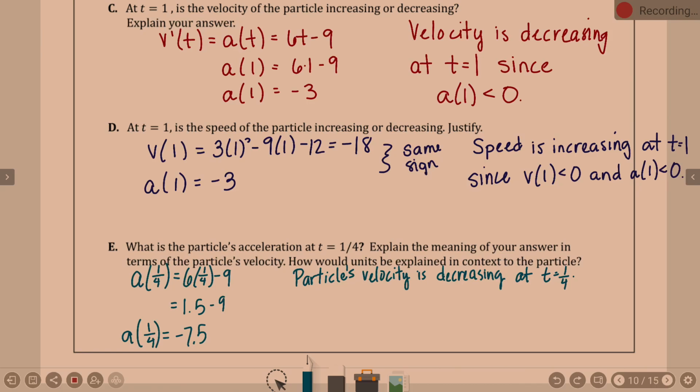Okay. In terms of units, I mean, it's distance per time squared. Are we okay with that idea? Yeah. I know Logan is. Yeah, because that's all I have there. The units is the distance per time squared.